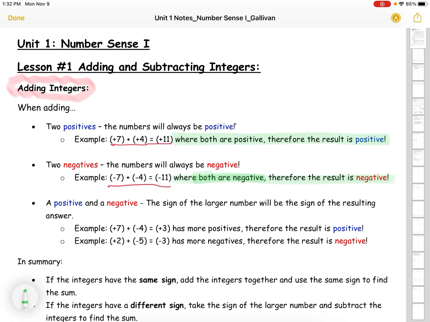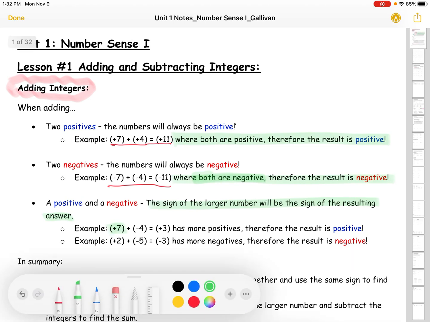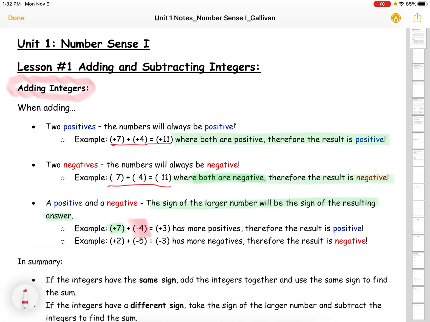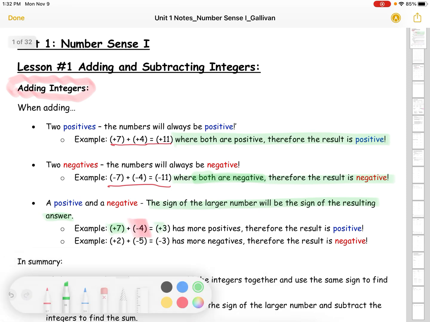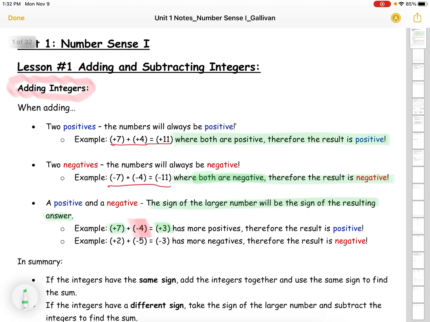However, when we have a positive and a negative, the sign of the larger will be the sign of the resulting answer. So, for example, positive 7 plus negative 4 equals positive 3. We have more positives, positive 7 and a negative 4, therefore our answer is going to be positive.